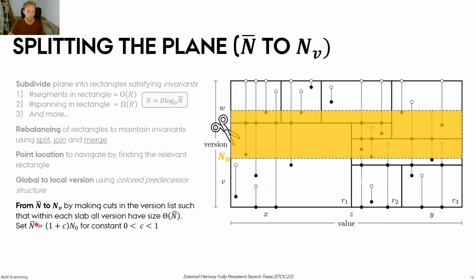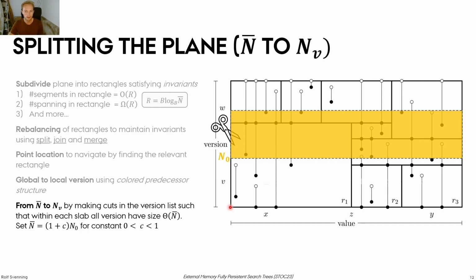And this upper bound here, we actually set to be 1 plus c times n0, where c is a small constant between 0 and 1. And n0 here is the initial size of this bottommost version in the plane, or equivalently, it's the initial n0 insertions that happen in the bottommost version here before any other updates take place.